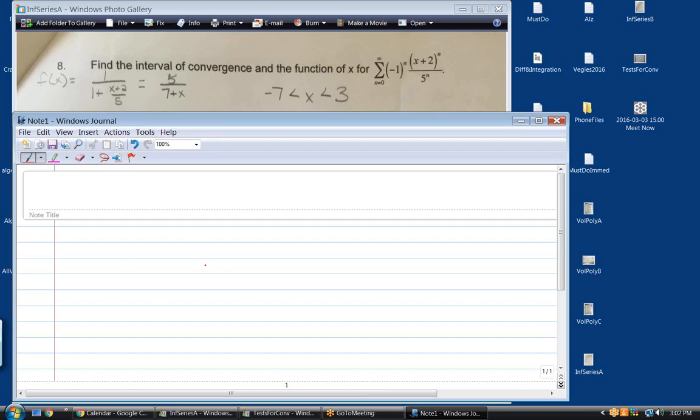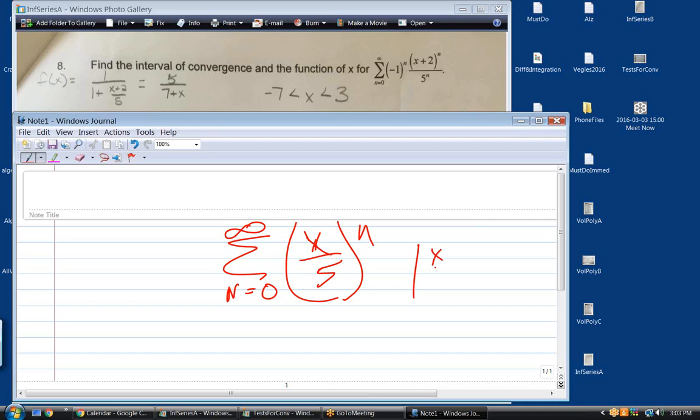In other words, let's talk about the geometric test. If I said x over 5 to the n, as n goes from 0 to infinity, and you asked what's the radius of convergence, you would let the absolute value of x over 5 be less than 1, correct?